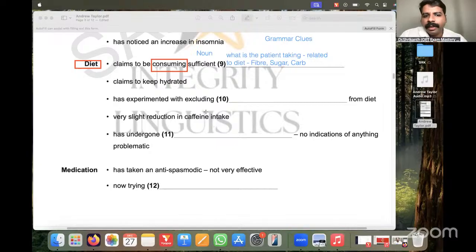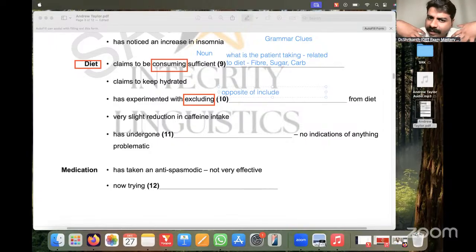Has experimented with excluding dash from diet. Now see over here, the patient has excluded something. Okay, excluded basically means what? The opposite of include. Right. So that means the patient over here has excluded. That means it is an opposite. That is, they have taken away something from their diet. So how should you think?